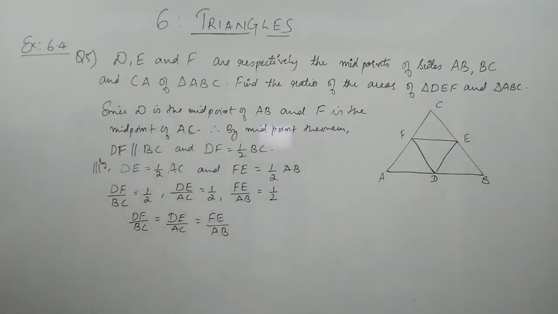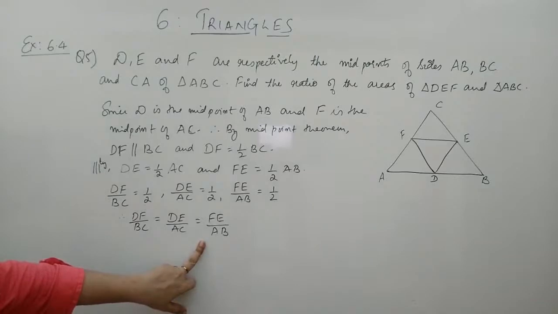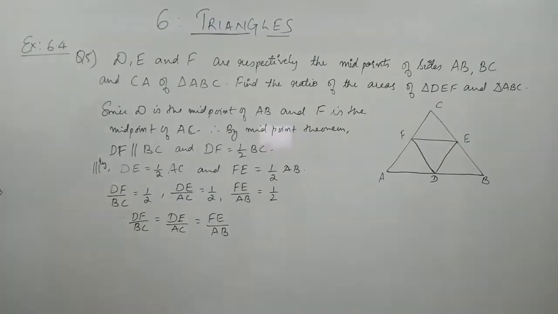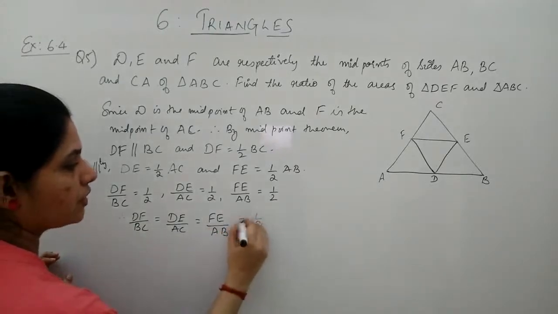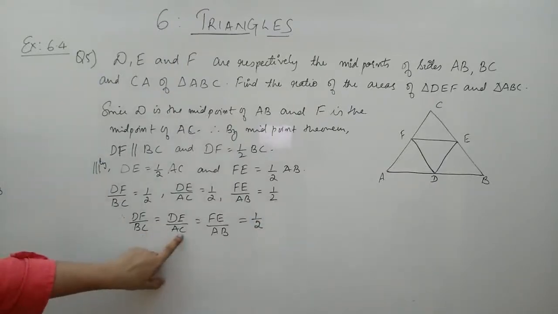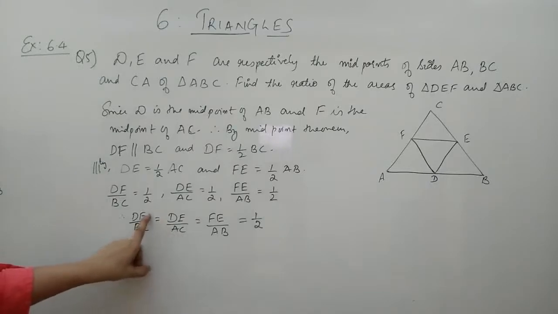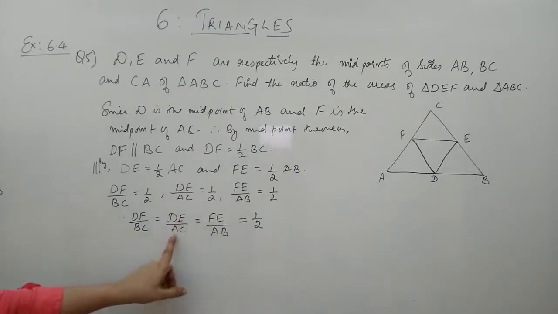Okay, so when we write like this, by SSS similarity, you will have the two triangles to be similar. All the three are equal and equal to half. Now you can just compare and see, wherever you have D, you have C there. Whenever D comes, C is there correspondingly. For F you have B, and wherever E comes, you have correspondingly A.